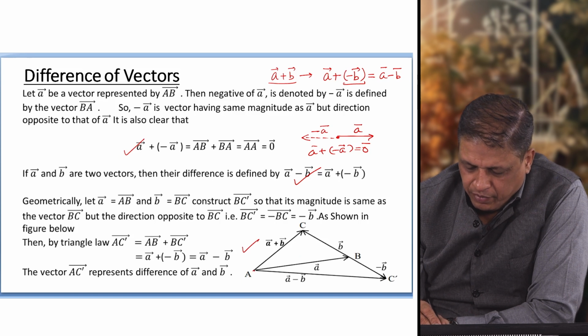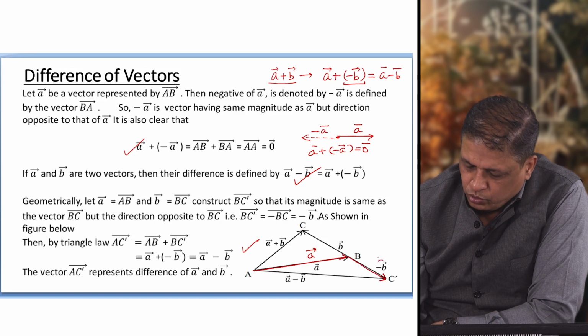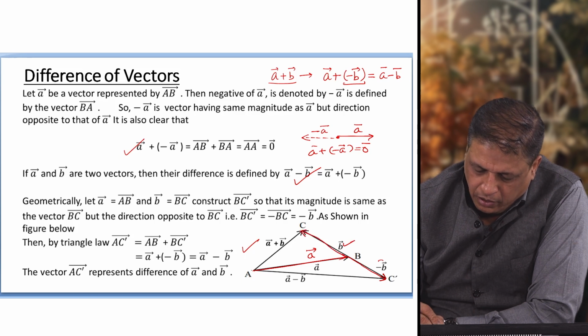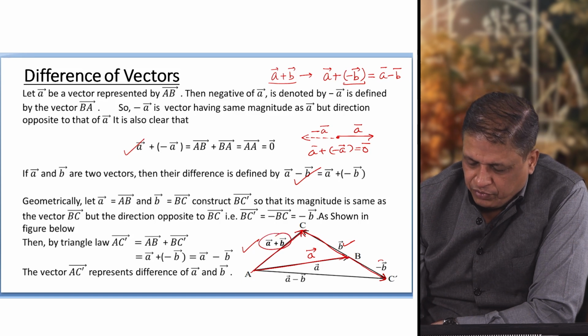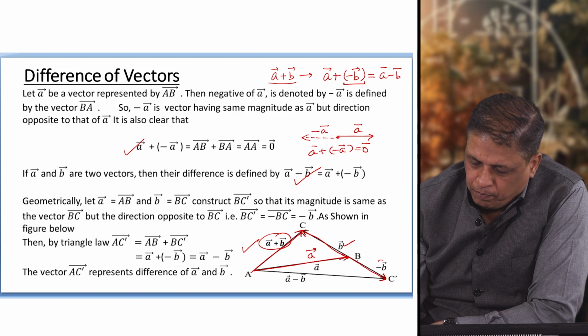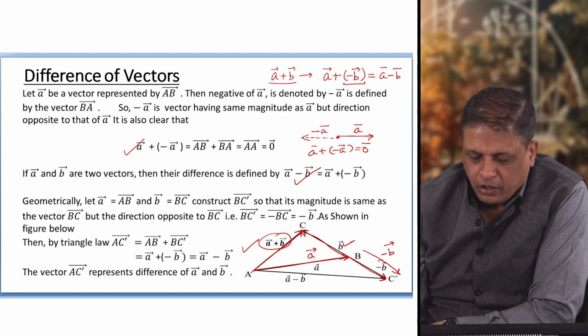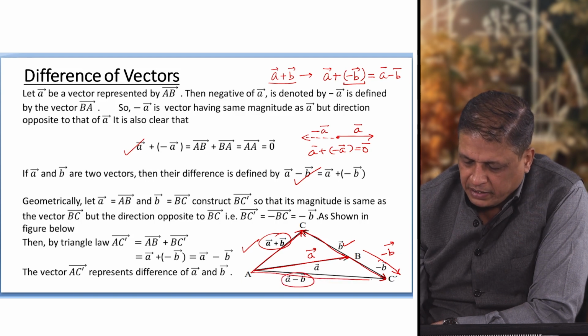Here we have a vector from A to B, which is vector A, and a vector from B to C, which is vector B. By applying the triangle law of addition of vectors, A to C will be vector A plus B. But if we reverse the direction, then from point B, instead of moving to C, we move in the direction B to C dash, and this is vector minus B. So, applying the triangle law of addition of vectors, you will get the result AC dash as A minus B.